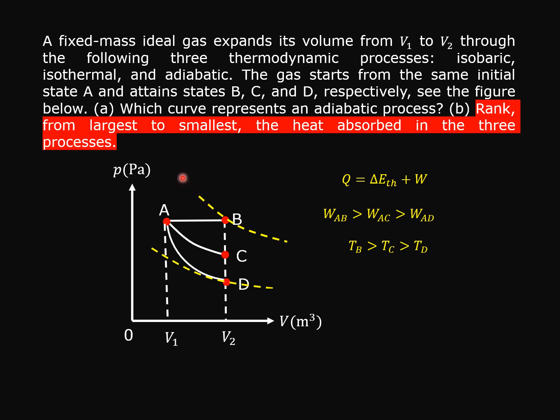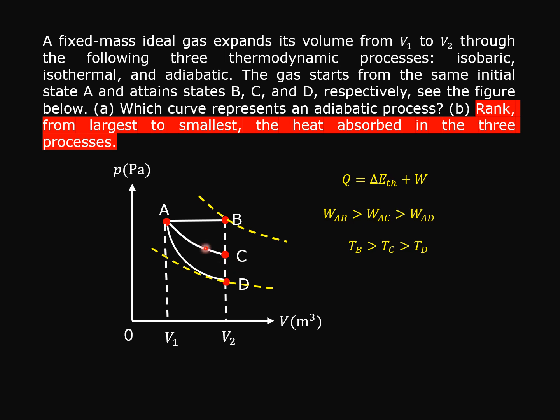We sketch the isotherm that passes through state B. And since AC itself is an isothermal process, this curve is the isotherm that passes through A and C. And for D, this is the isotherm that we sketch. The states that lie on isotherms located further to the right have higher temperature. So TB is the highest, and TD is the smallest.